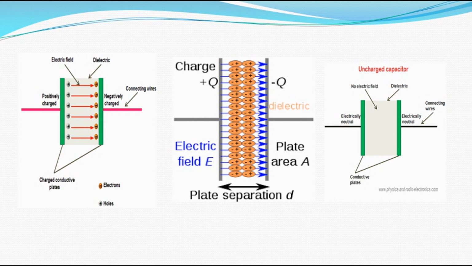You can see that this is the plate area A, with electric field E. So the area is a surface, and this is the distance.